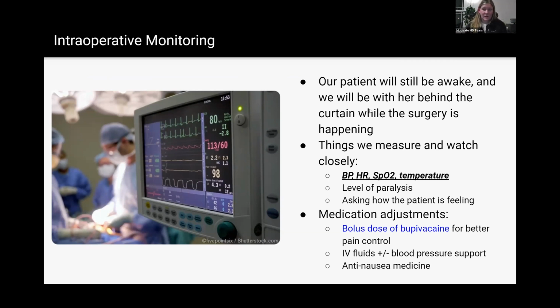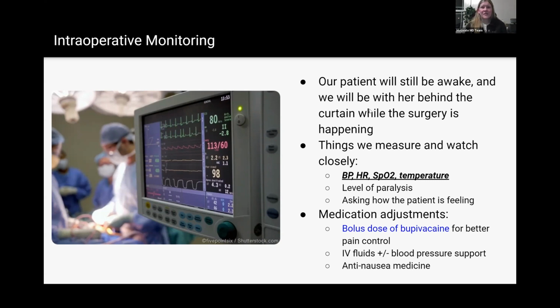Some things that we are going to be watching closely in all surgeries, regardless of whether it's a C-section, asleep, or just conscious sedation, we always watch for these 4 things: their blood pressure, their heart rate, their oxygen saturation, and their temperature. Those are the 4 non-negotiable things that we always monitor if we are providing anesthesia care to someone.